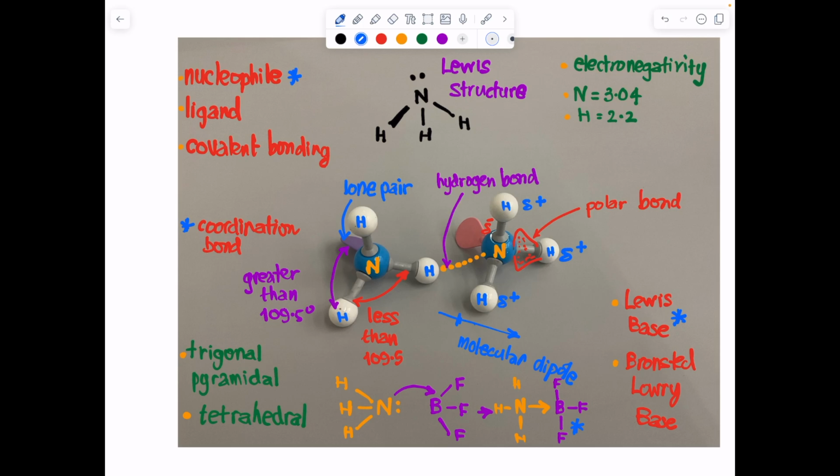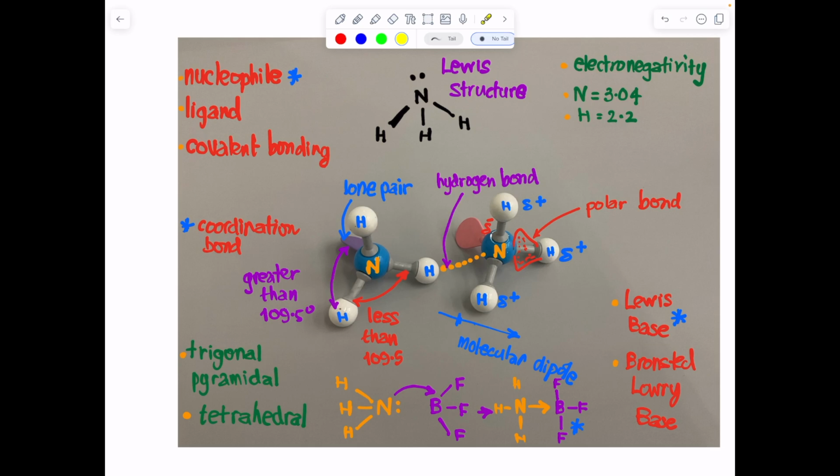Let's start from the very diagram with the two models next to each other. Here you can see that we have a hydrogen bond. A hydrogen bond arises when you have polar molecules. The term hydrogen bonding is reserved solely for when nitrogen bonds with hydrogen, like here, or when hydrogen bonds to oxygen or to fluorine.